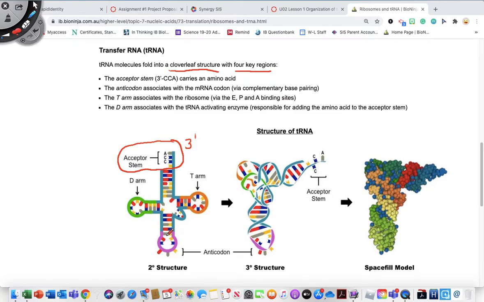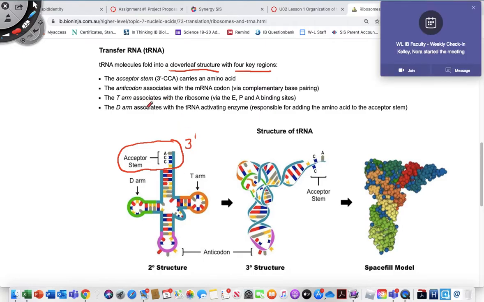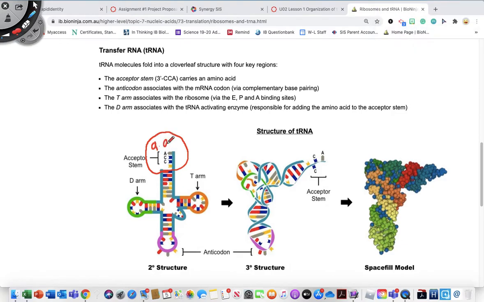Okay, so notice that there's interaction here between the bases of this tRNA, A, U, G, C. So here we see that the acceptor stem is on the 3' end, and then that is identified by having these bases, CCA. Okay, and in this side of the acceptor stem, this is where the amino acid is going to attach.